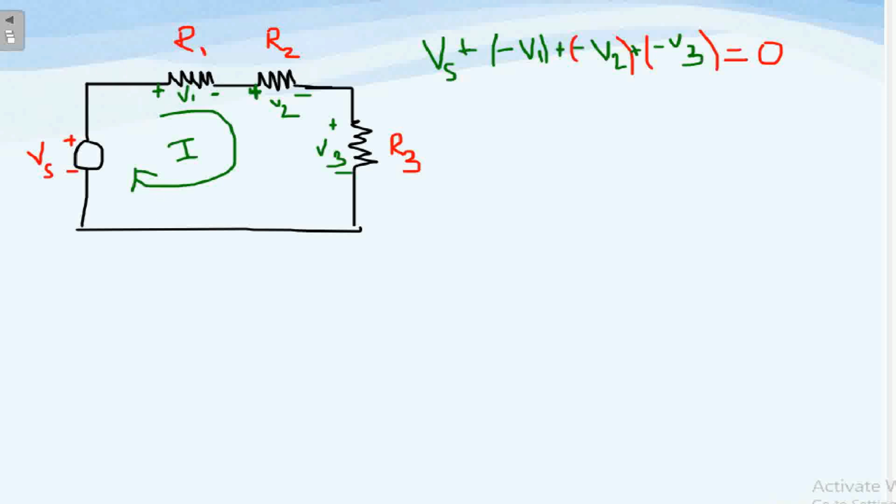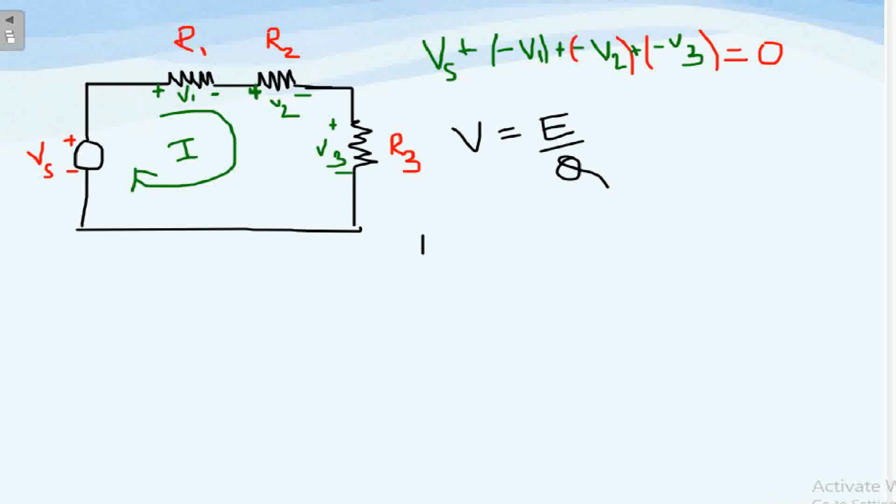Let us verify this KVL with one example. This is KVL, Kirchhoff's voltage law. Here you can write Vs, according to your Ohm's law, V is nothing but the energy required to move a charge. Voltage is nothing but energy required to move a charge.